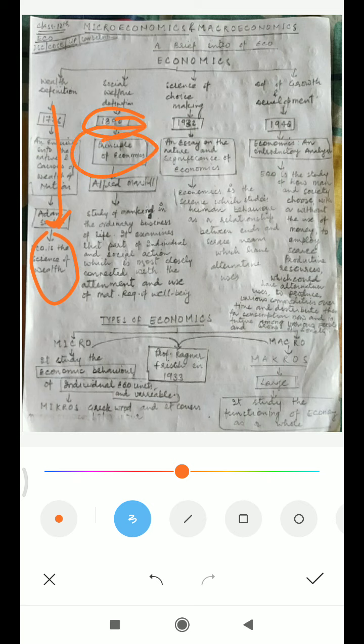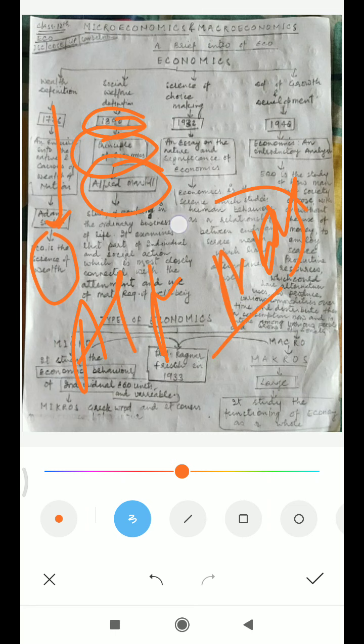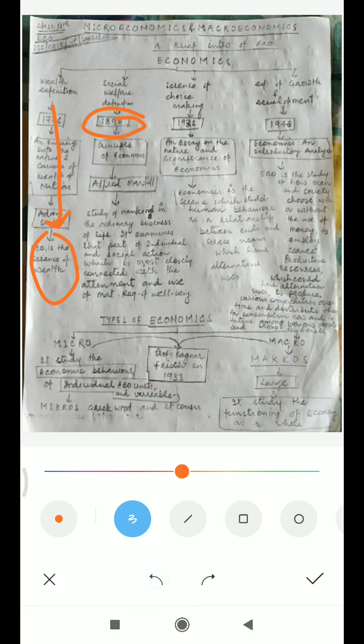The name of that economist was Alfred Marshall. Marshall gave a new approach to economics in 1890.